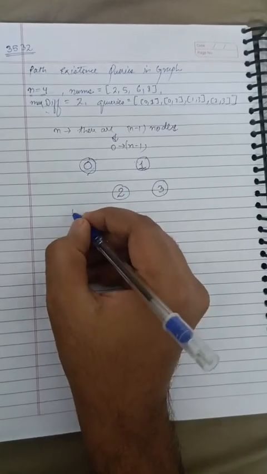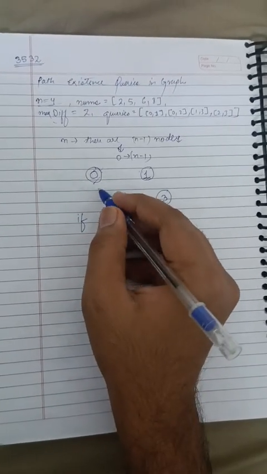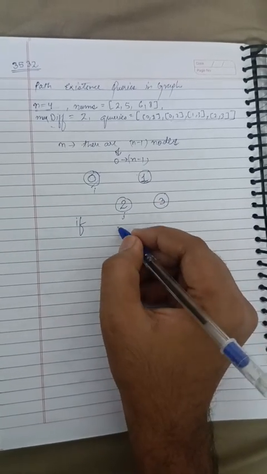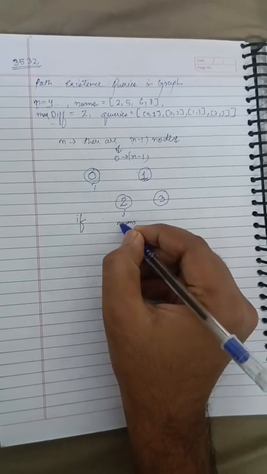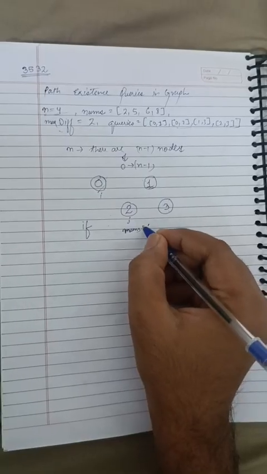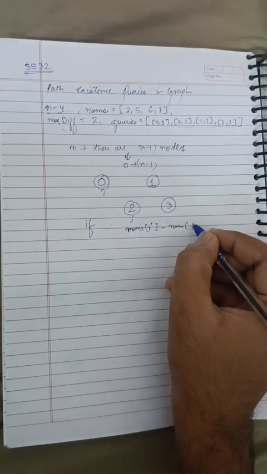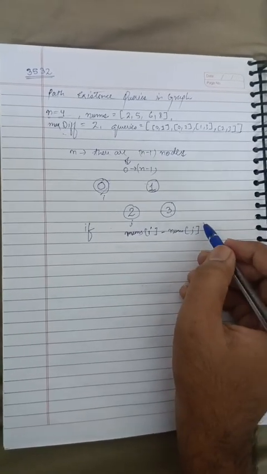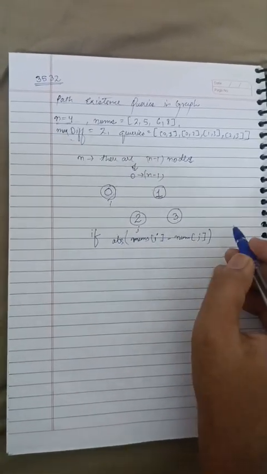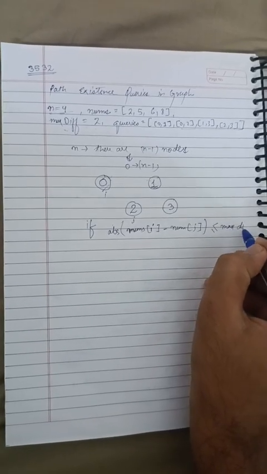The edge only exists if, let's say this is the ith node and this is the jth node, then nums of i minus nums of j, let's take the absolute difference, must be less than or equal to the maximum difference.